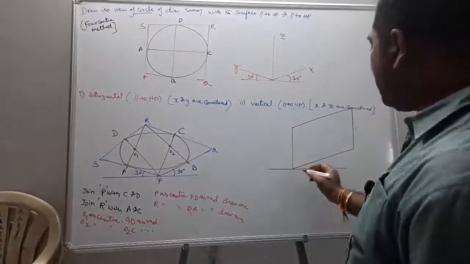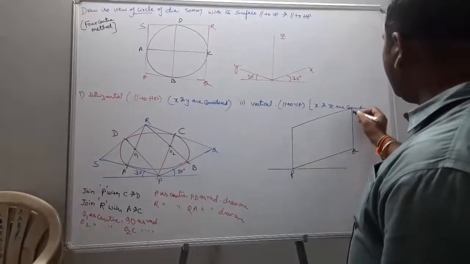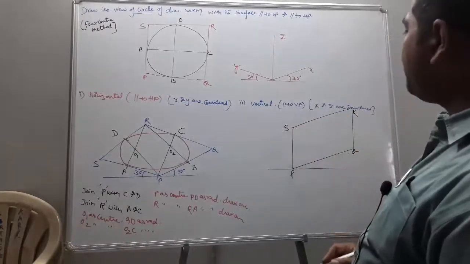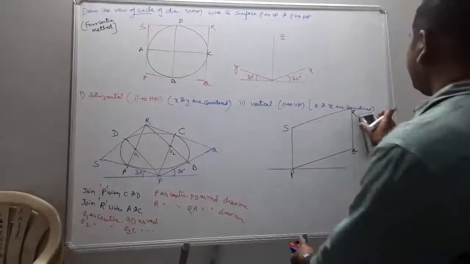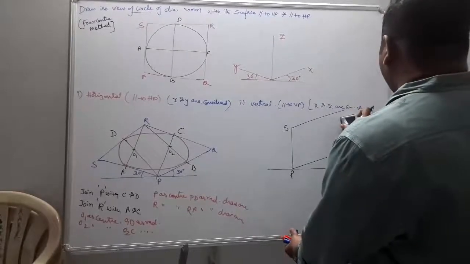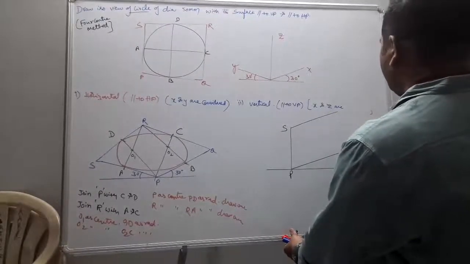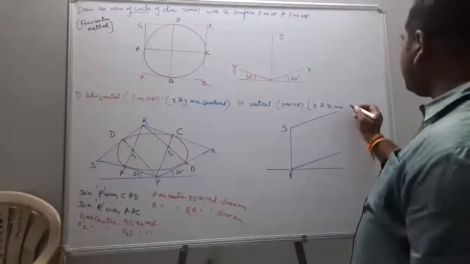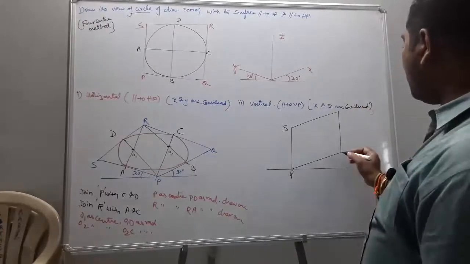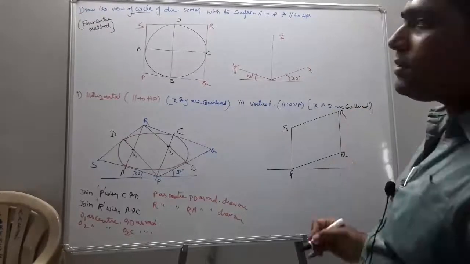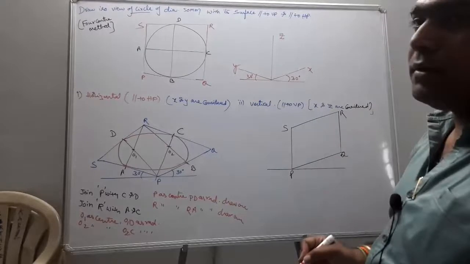So this becomes my box P, Q, R, and S. When you consider your box P, Q, R, S, let us see the point where B is existing.